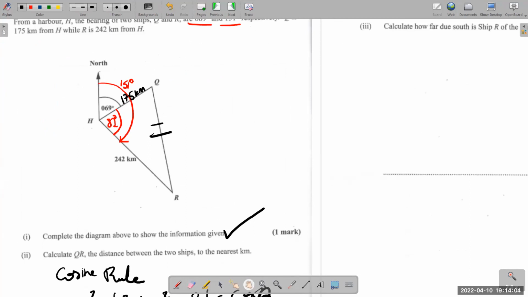Anybody realize what they're asking for? What does south mean? South means how far down from H, that distance there. Look at this now. I'm going to use dotted lines for this.